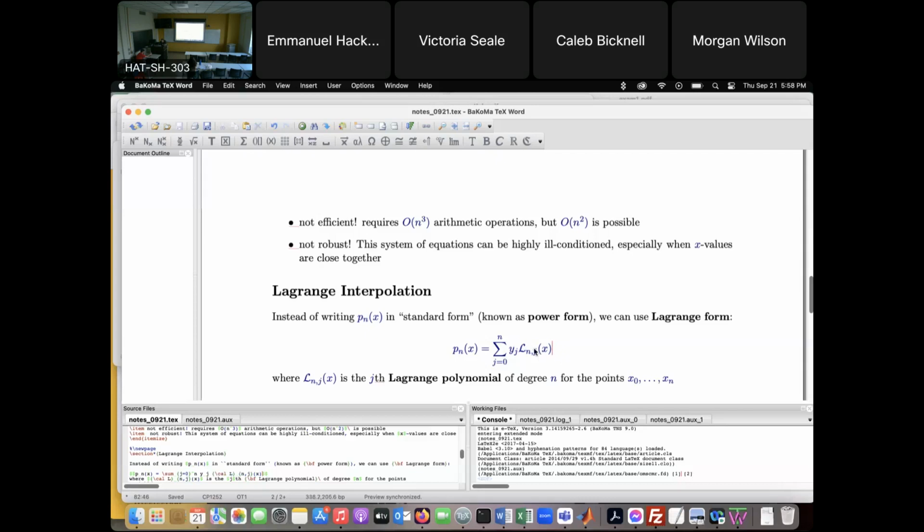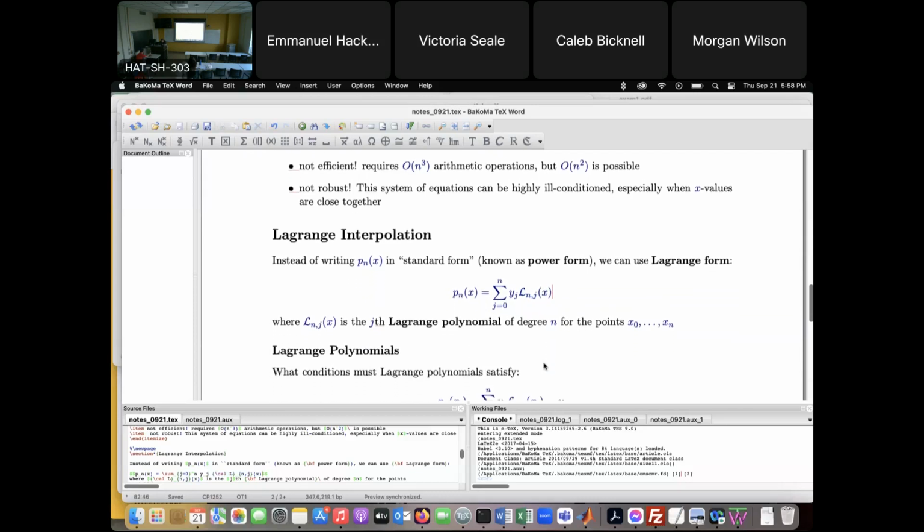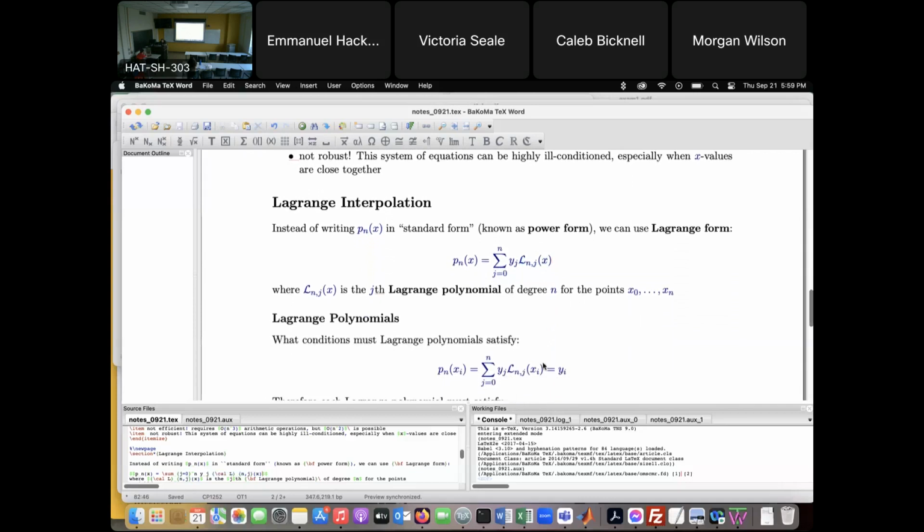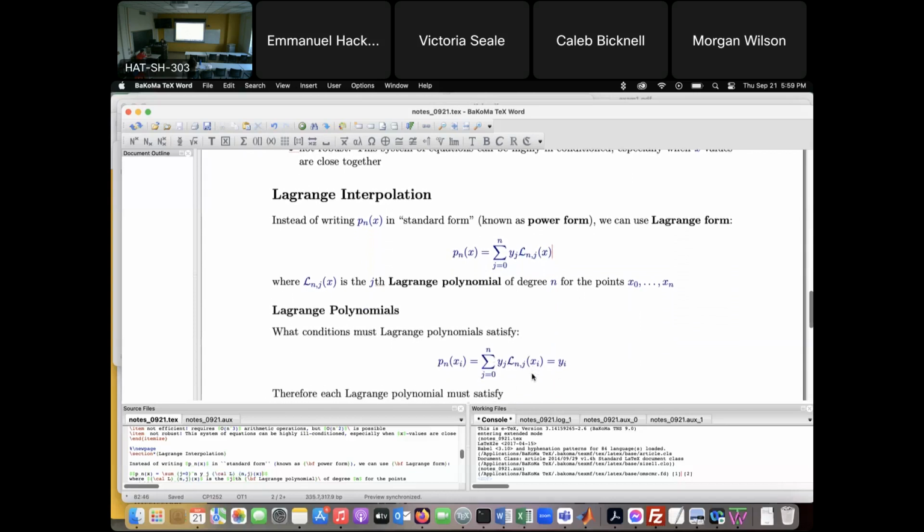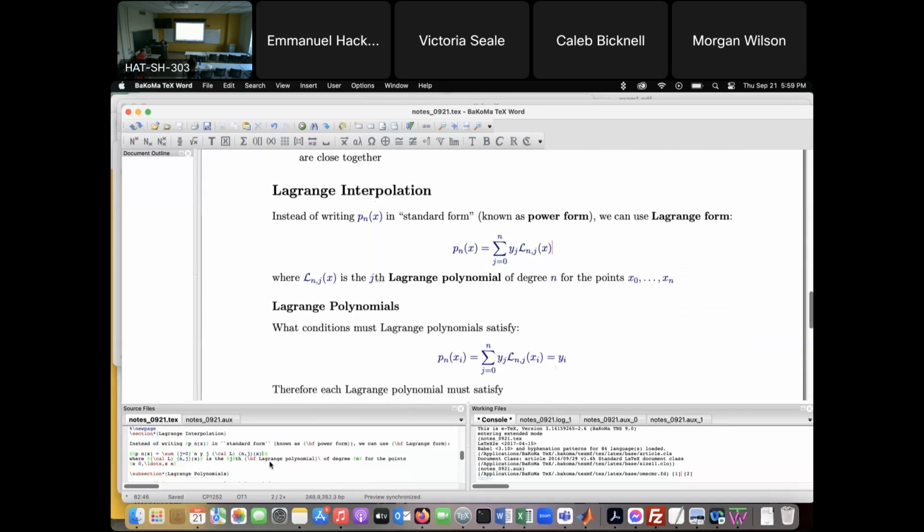Okay. So now I need to tell you, what are these Lagrange polynomials? Lagrange polynomials, I need them to satisfy these conditions for all indices i.